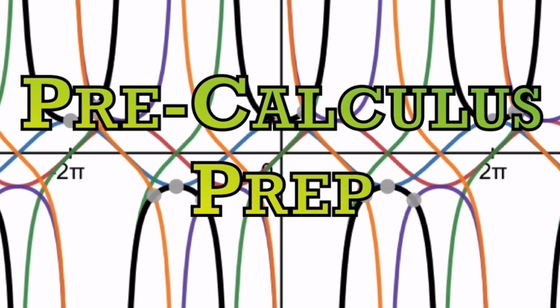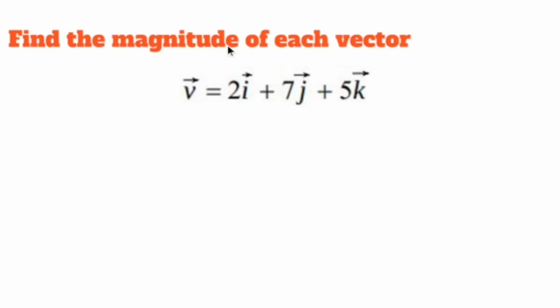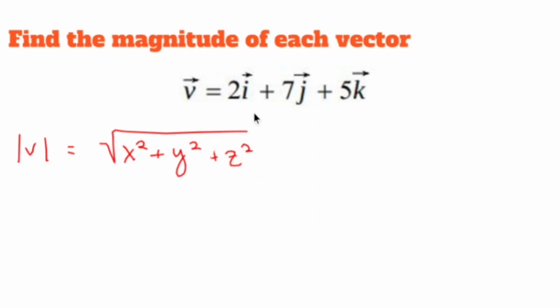Find the magnitude of each vector. Well, we're used to seeing the magnitude found by using this formula right here. Okay, x squared plus y squared. But we're going to add a z squared because this is 3 dimensions now.